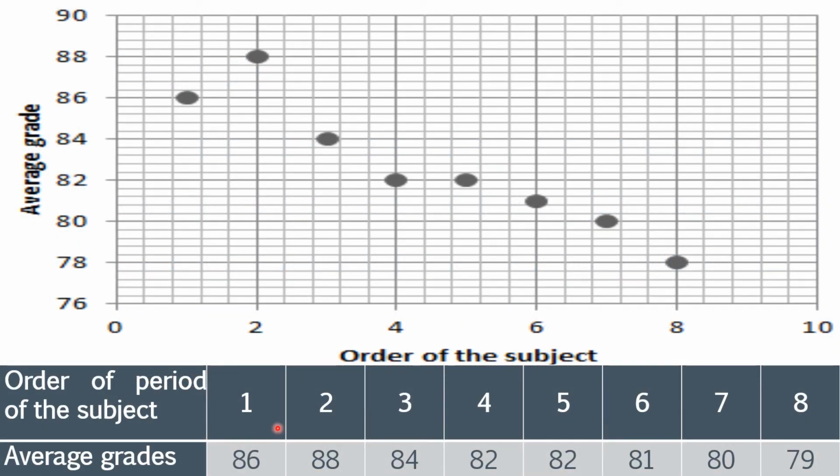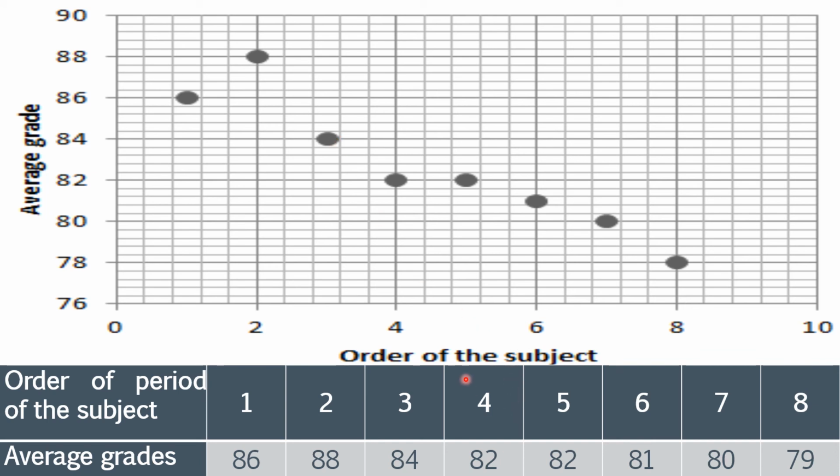As you can see, the order of period of the subject here we have 1. Okay, it is not shown, but we can locate 1 here. And the average grade is 86. So there we are. Next, we have 2, and the average grade is 88. We have 3, and the average grade is 84.